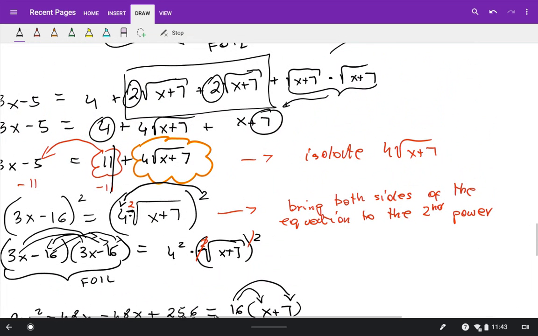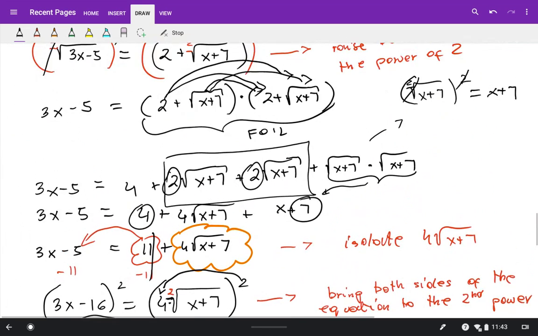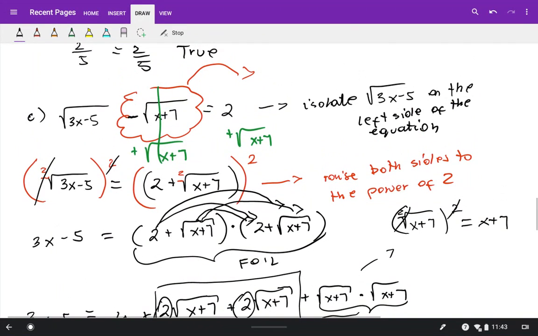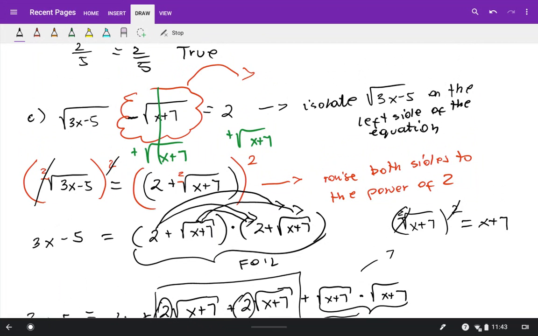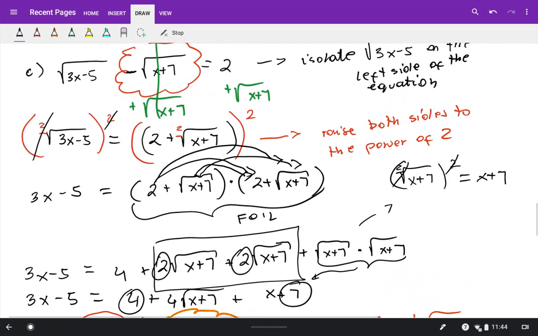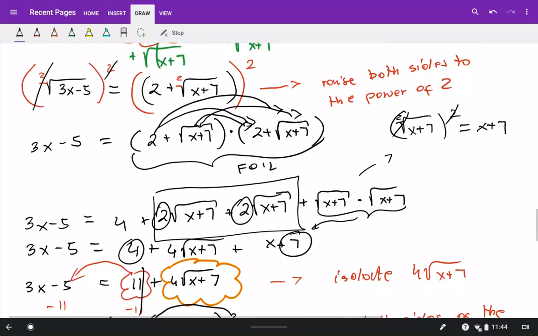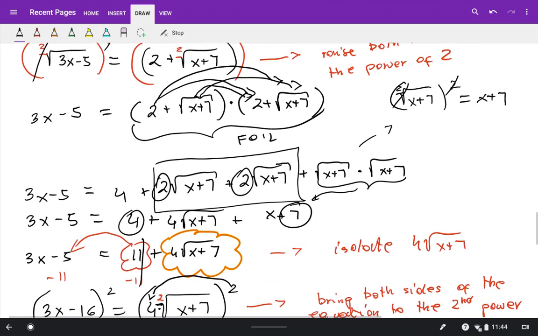Let me just see. Okay, let me see if there is any mistake here. So we isolate that. 3x minus 5, and we end up here with 11.